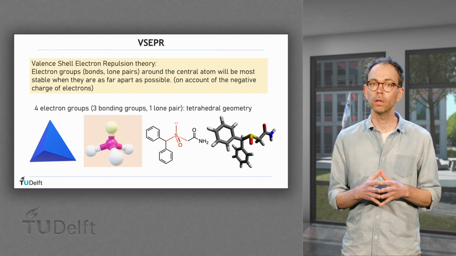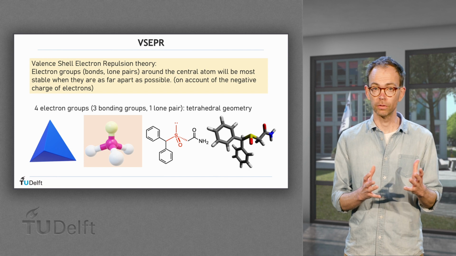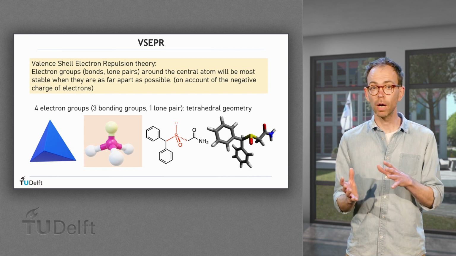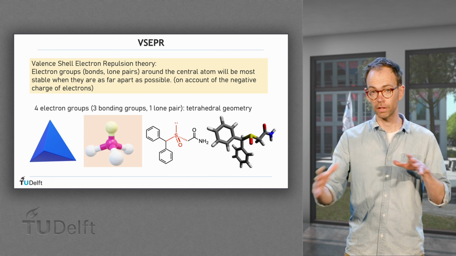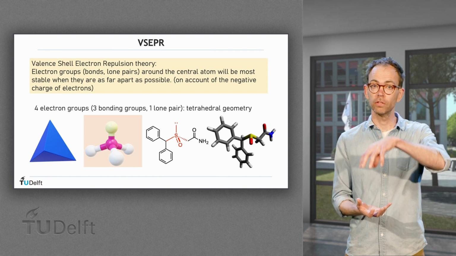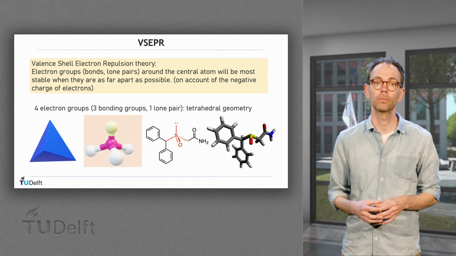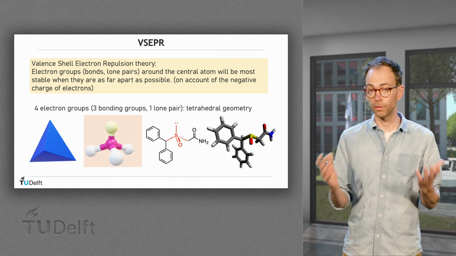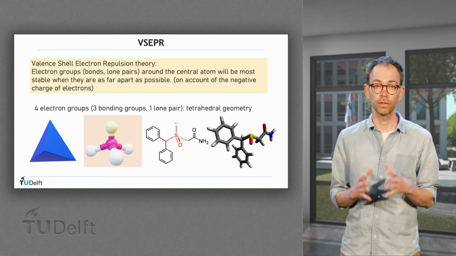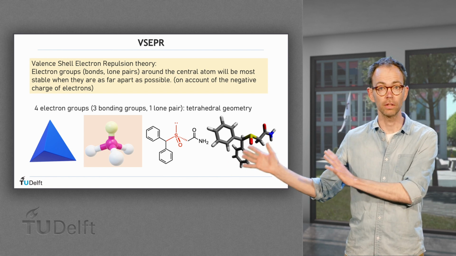So when we draw that, we get a tetrahedral geometry with the 3 bonds taking up the 3 corners of the tetrahedron and the lone pair taking up the 4th corner. When we draw that in 3D, we end up with the structure as it is drawn here.